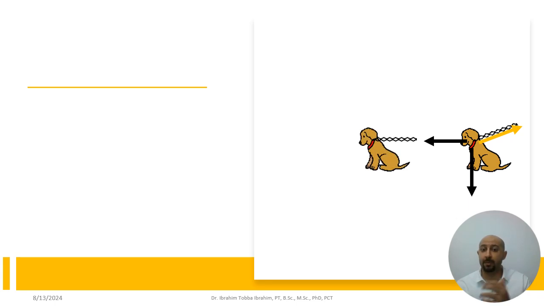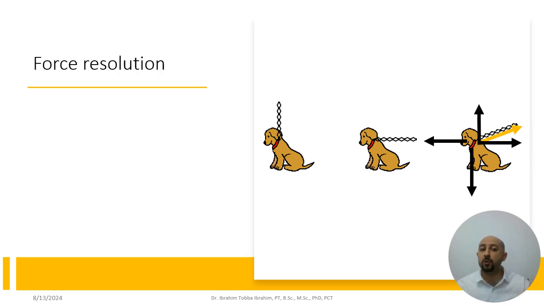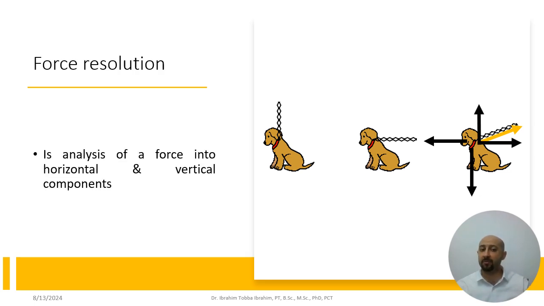One is horizontal, preventing moving forward, and one is vertical, preventing sitting down. So the orange arrow we have drawn can represent the line of pull. What we have done by breaking the chain into two chains is called force resolution. Force resolution is the analysis or breaking down of a force into vertical and horizontal components.